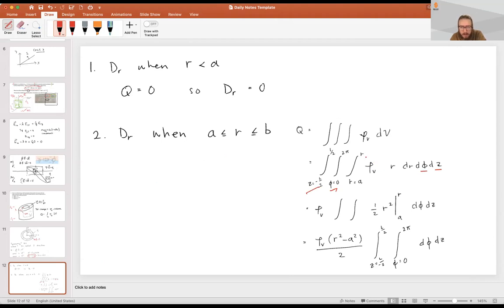The mathematicians might hate us for this, but we'll do it anyway. We'll integrate all the way up to this variable r, and that's where we get this from. So this variable r is somewhere between a and b.